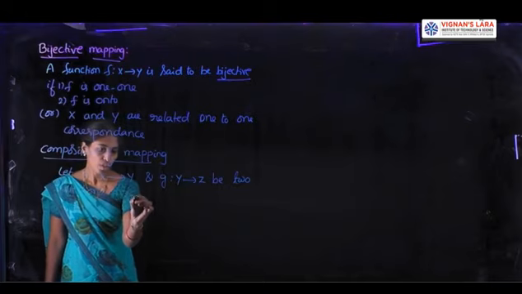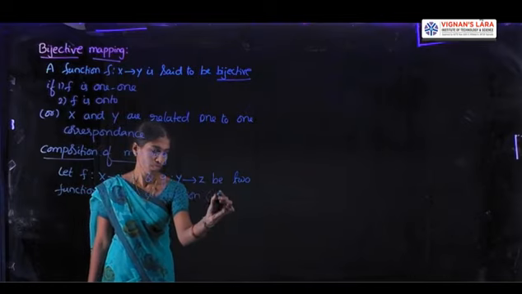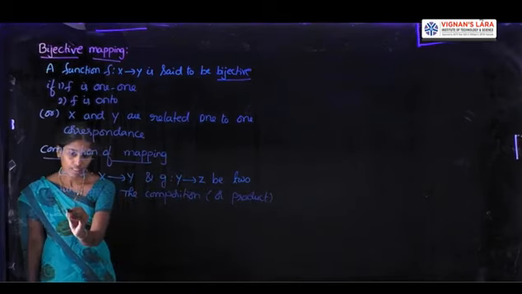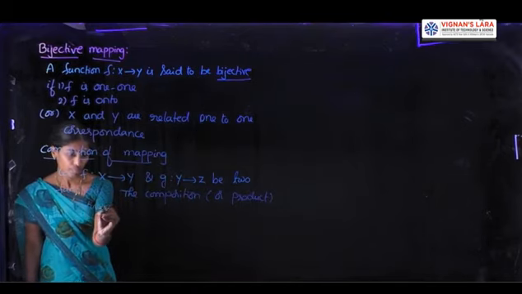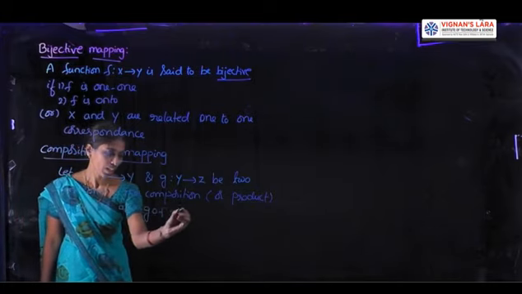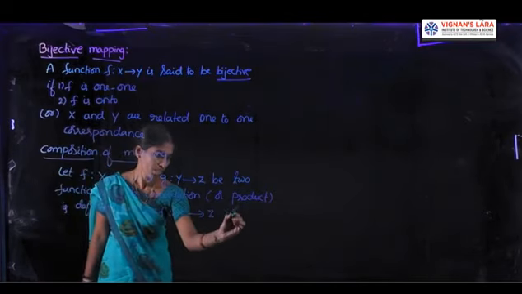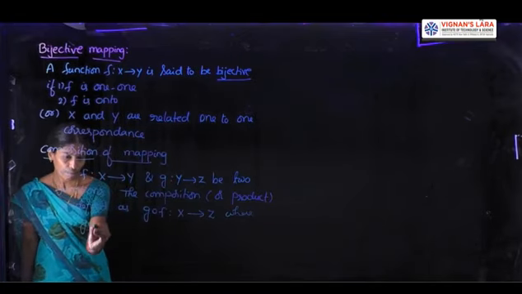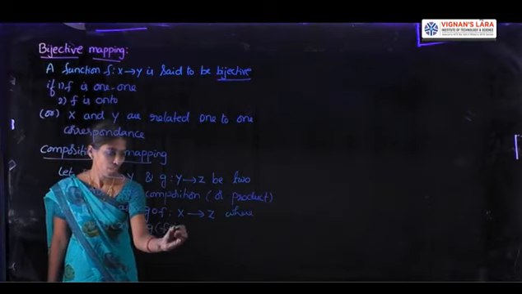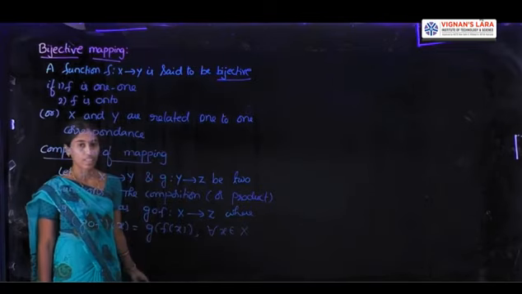Now the composition or product is defined as g circle f from X to Z, where g circle f of x is equal to g of f of x for every x belongs to set X.